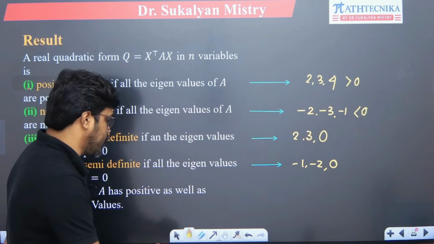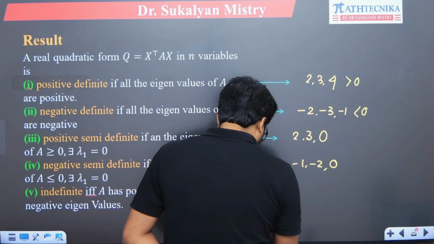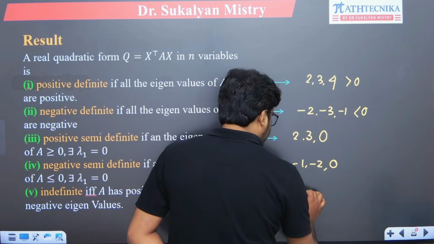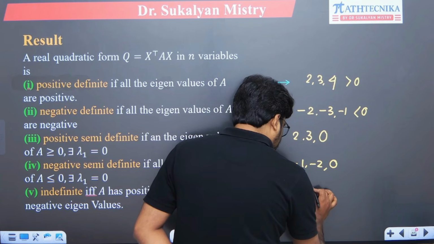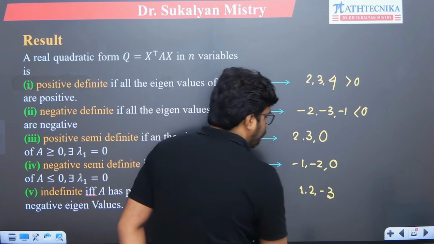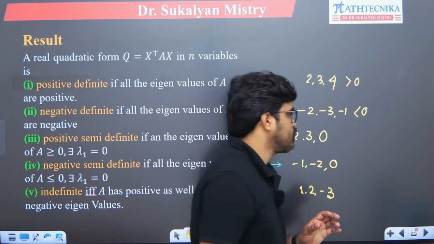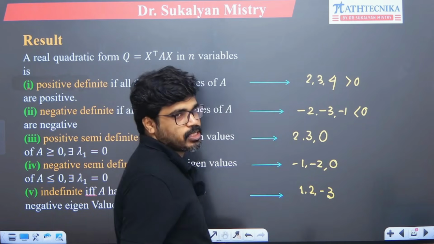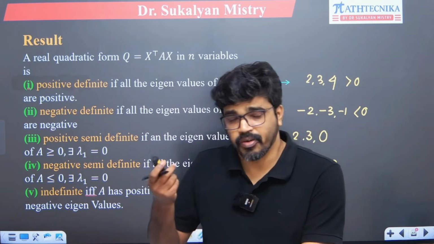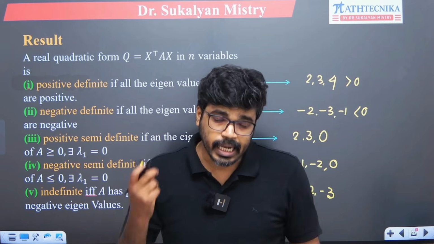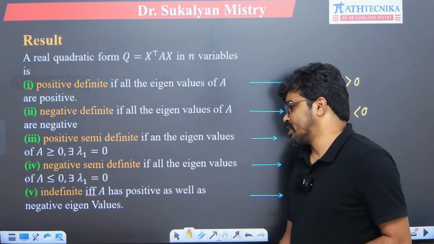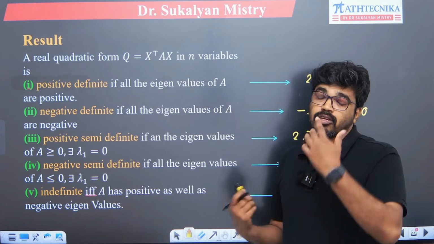Indefinite means there exists a positive eigenvalue as well as a negative eigenvalue. So with the eigenvalue concept we can conclude positive definite, positive semi-definite, negative definite, negative semi-definite, indefinite.